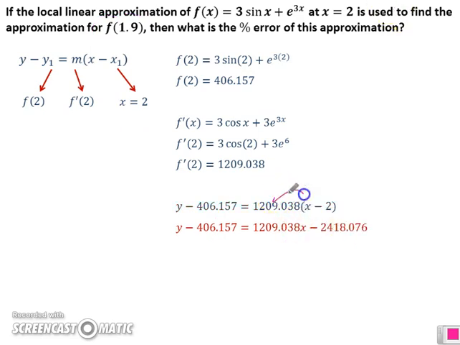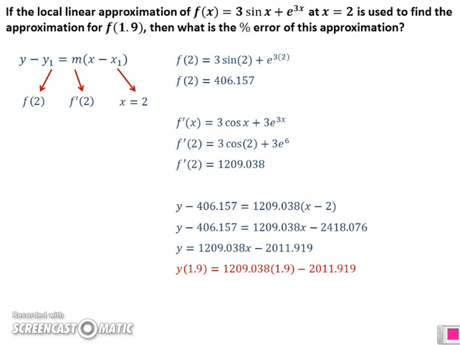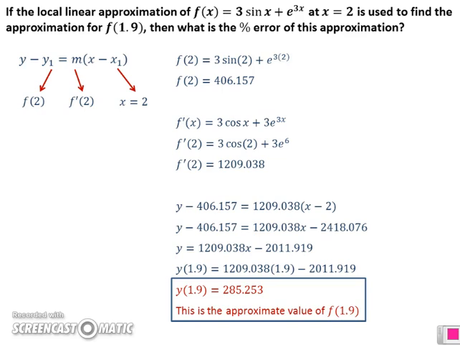I just distributed there, and then I'm going to add that 406 number and get my y equals equation. This is the equation for the tangent line. Plug in the 1.9, and that gives me the point of f of x approximately at 1.9.